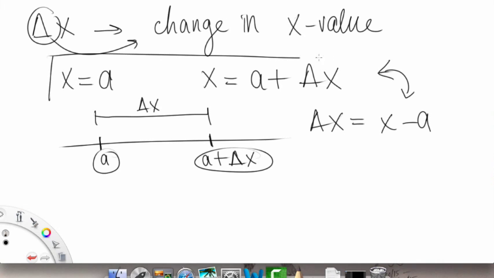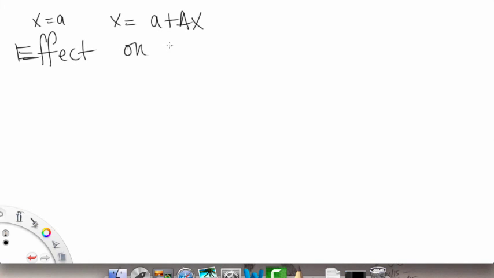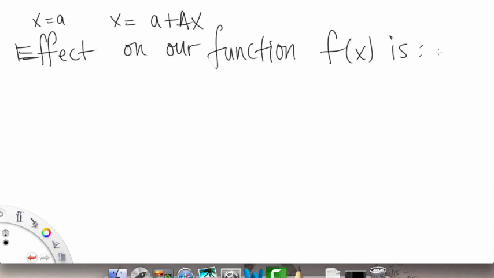So this is what's happening to x on the x-axis. So what would happen to the function? Let's say we have some kind of function, f of x. I'll write this on the next slide. If we're changing x equals a to x equals a plus delta x, the effect on our function, which I'll denote with f of x, is the following.